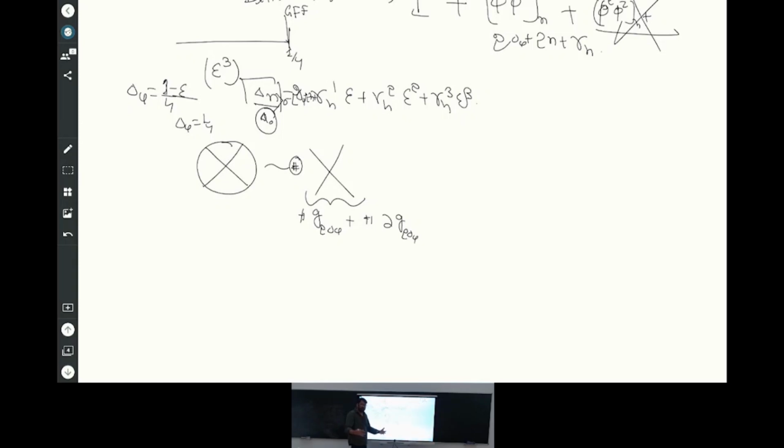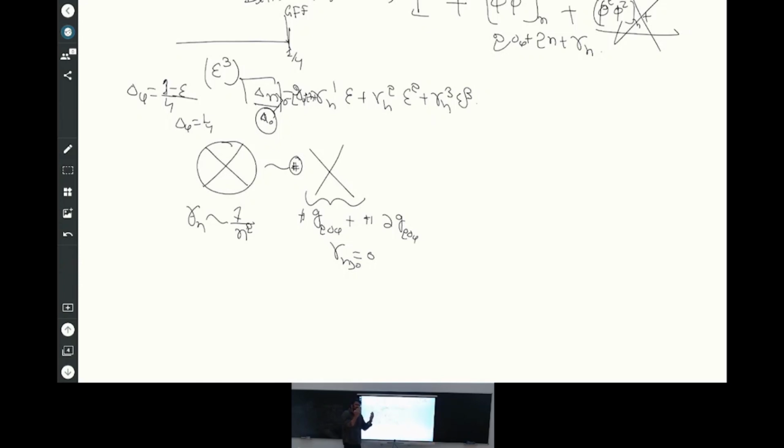So generically, this type of diagram will basically source anomalous dimension to all operators, and the gamma n will go like 1/n² in that case. But for this case, it's actually 0, and only the n equal to 0 term survives. So only delta 0 gets anomalous dimension.